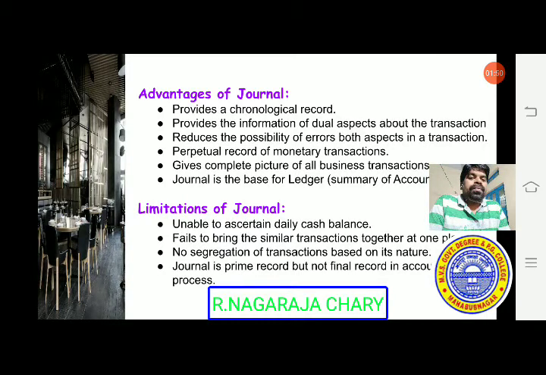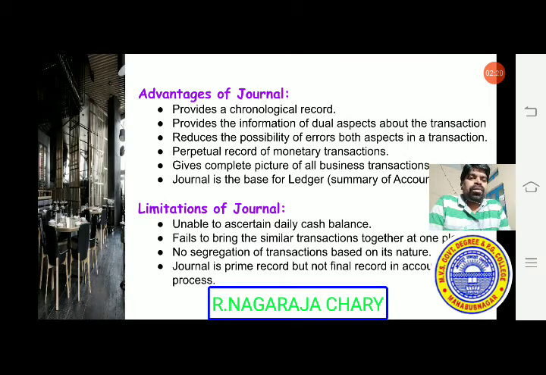So, it is a series of records. So, whatever the transactions are done continuously, in that order only all the transactions are recorded in a journal. So, that is why journal shows us chronological transactions. So, that is why journal provides us a chronological record.